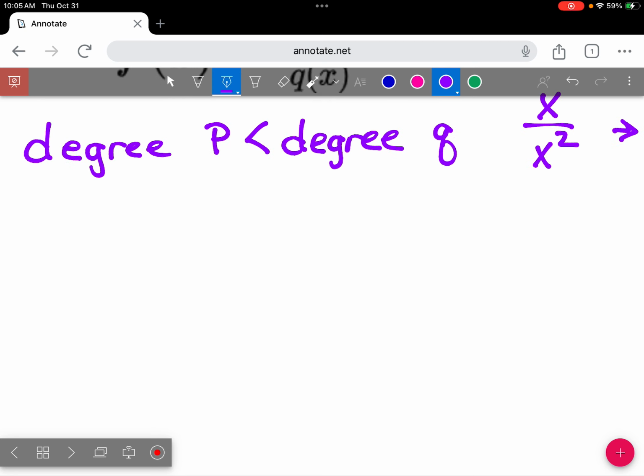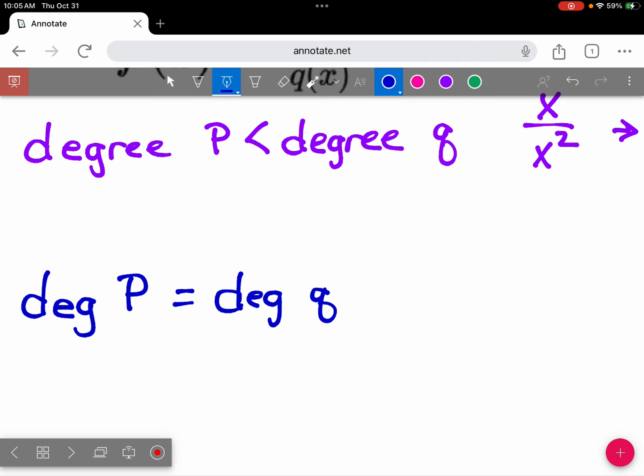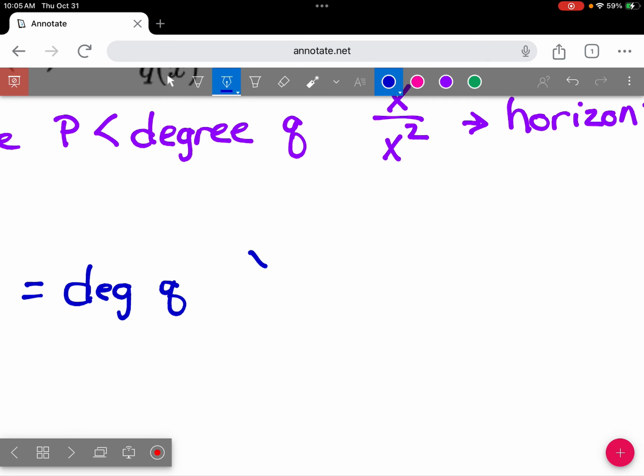If the degree of the top is equal to the degree of the bottom, so if the degree of P is equal to the degree of Q, say X over X, or X squared over X squared, they have the same degree.